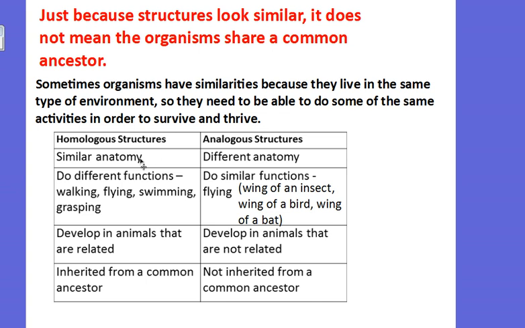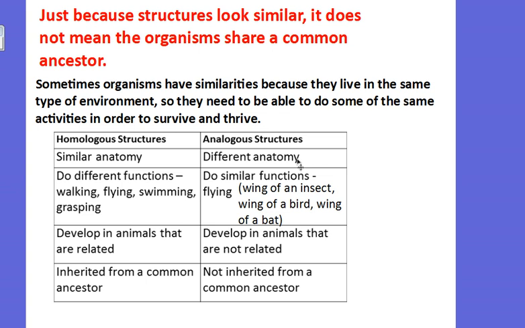So if something's homologous, it has similar anatomy, similar bone structure, does different functions like we just looked at, whether it's walking or flying or swimming or grasping. And they develop in animals that are related, so share a common ancestor.